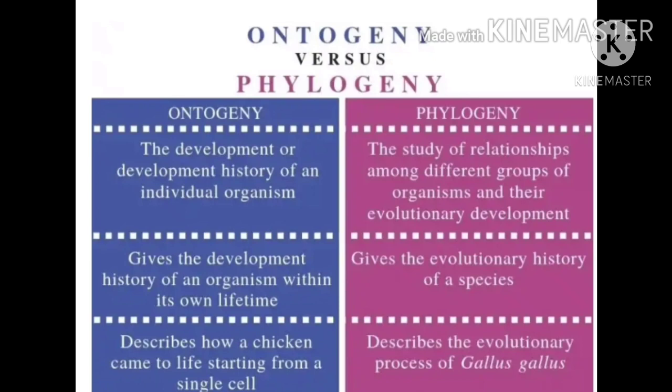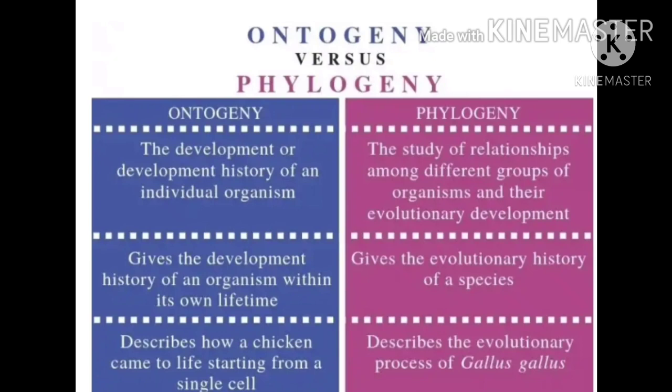Let us look at the major differences between ontogeny and phylogeny. Ontogeny deals with the developmental history of an individual organism, whereas phylogeny deals with the study of relationships among different groups of organisms and their evolutionary development.